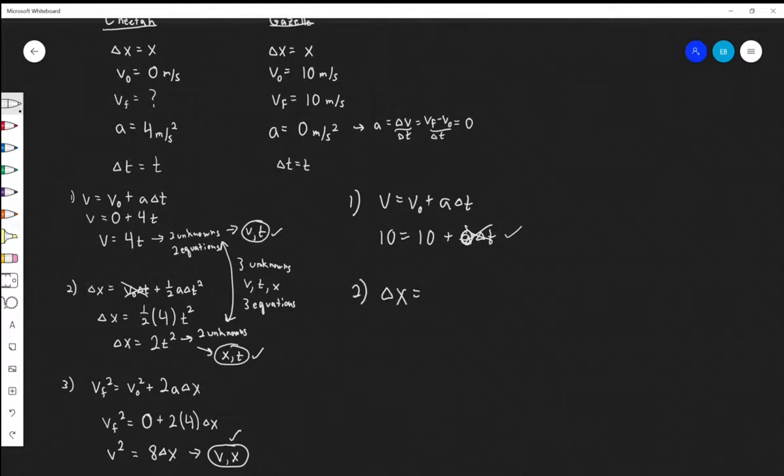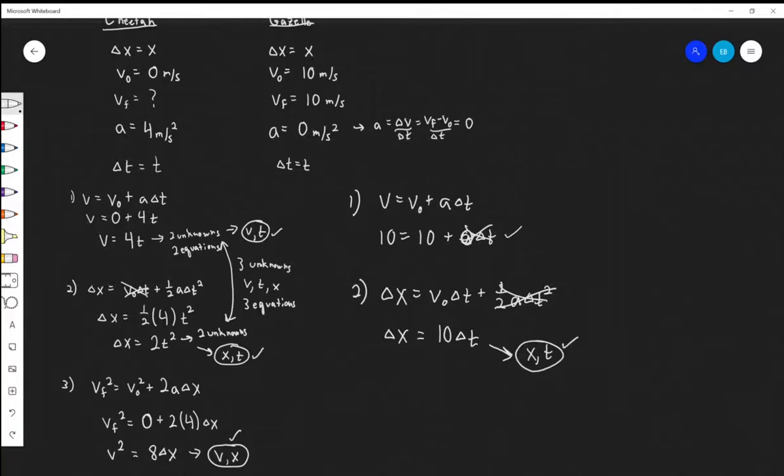Change in x equals v naught times change in t plus 1/2 times a times change in t squared. Well, my a is 0, so that goes away. So I have change in x equals v initial, v initial is 10, times change in t. Hey, this looks good. So this is an equation. I have two unknowns. My two unknowns are x and t.